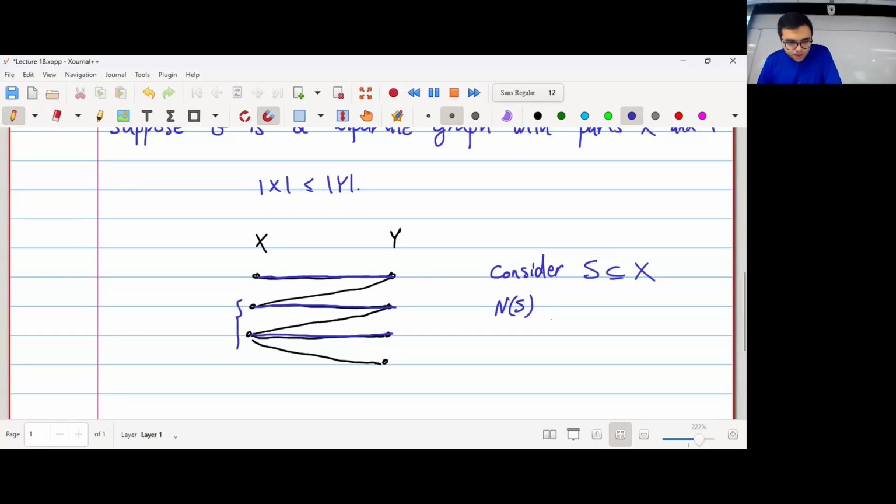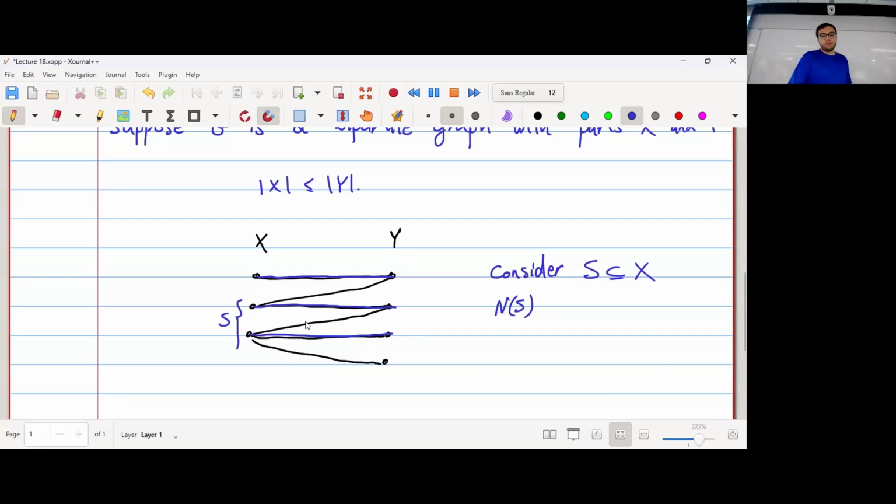So for example, let's say these two vertices are S, and I look at their neighbors. Now, if I have a matching, it means that at the very least, the set of neighbors is going to contain the vertices that were matched to the vertices in S. Right? And so here I have two vertices in S. Each of them were matched to something in Y. So together, these two vertices should have at least two neighbors.